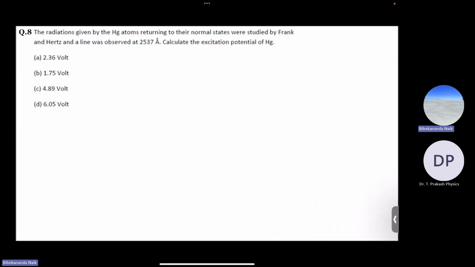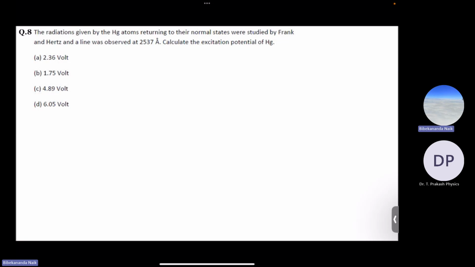Yes, can you tell me if a line was observed at 2537 Armstrong, what will be the excitation potential? If you remember during our discussion related to X-ray production, we had talked about a formula to directly obtain the voltage equivalent to a particular value of wavelength.